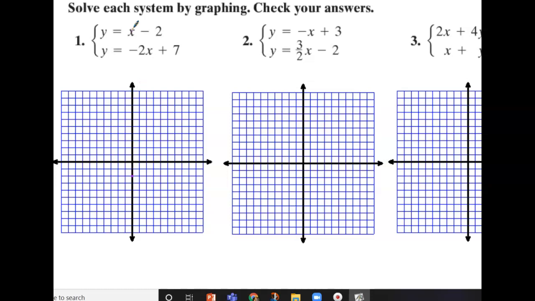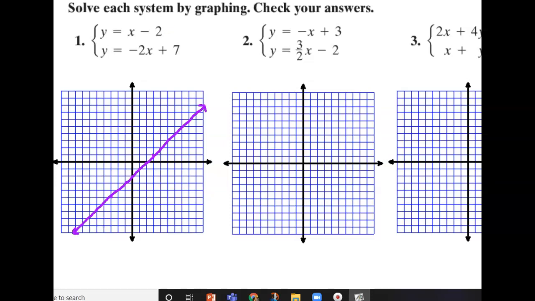My slope is +1, so it goes up 1, right 1, up 1, right 1. So there's my first line.